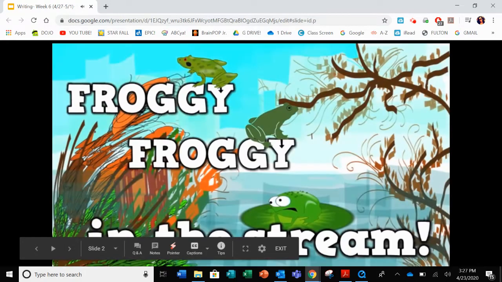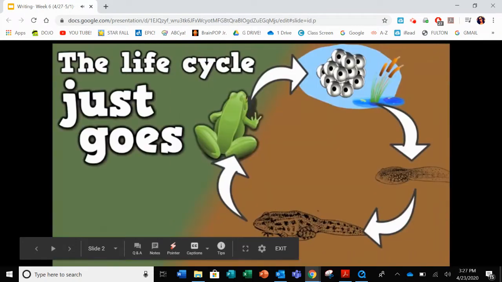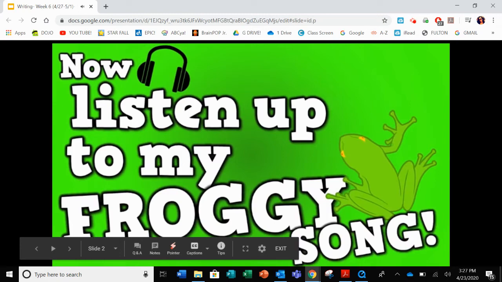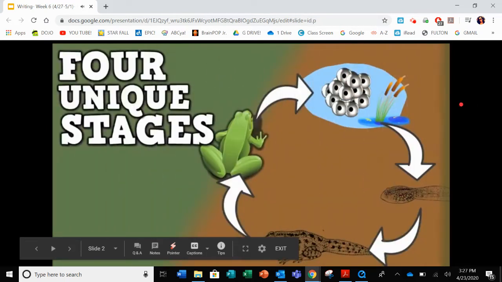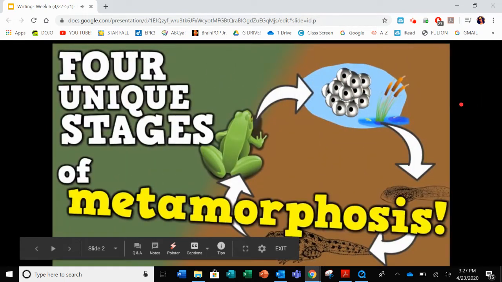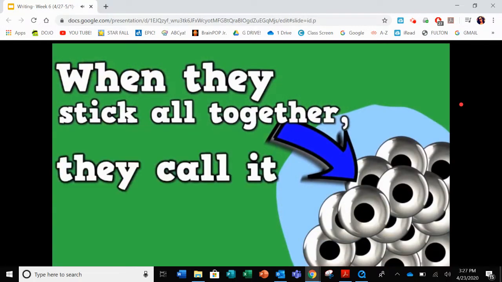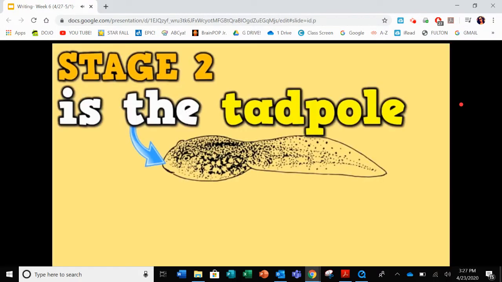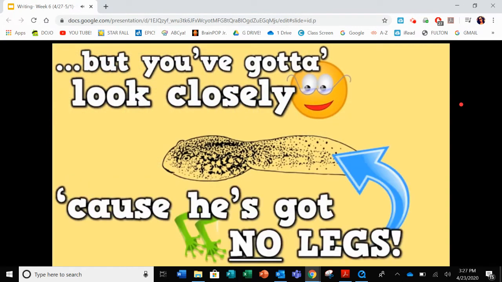Froggy, froggy in the stream. Froggy, froggy in the tree. The life cycle just goes on and on. Now listen to my froggy song. The froggy life cycle goes like this. Four unique stages of metamorphosis. Stage 1 is a bunch of eggs in a pot. When they stick all together, they call it egg spawn. Stage 2 is the tadpole hatch from the egg. But you gotta look closely, cause he's got no legs.